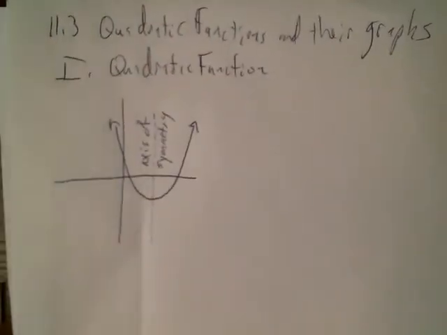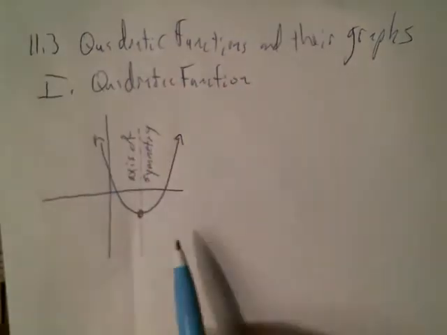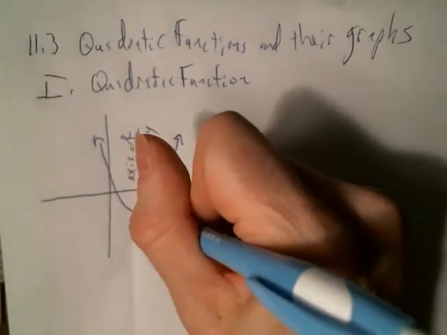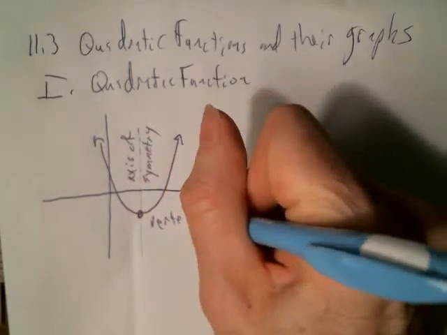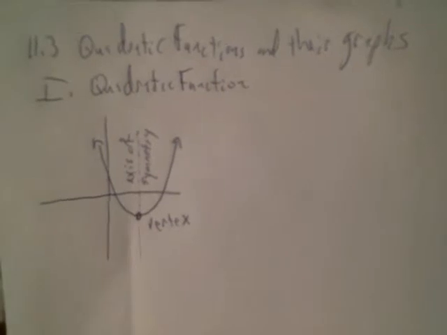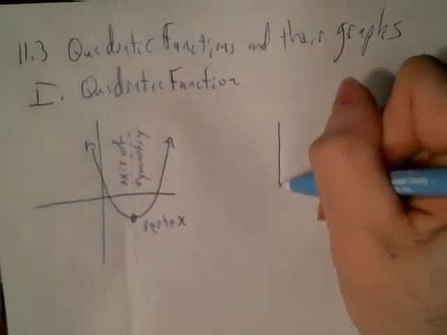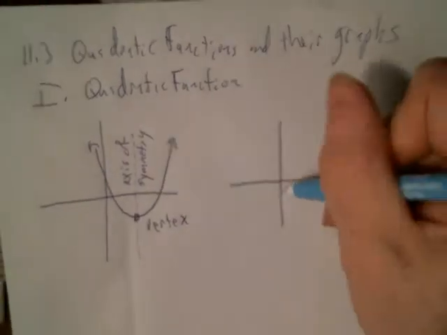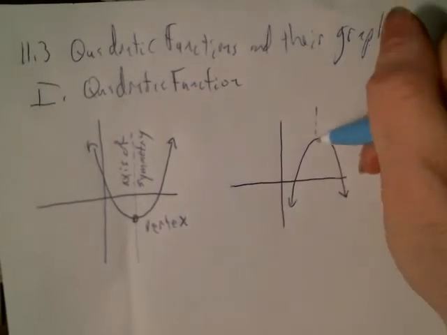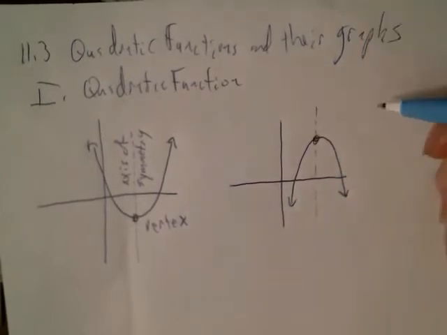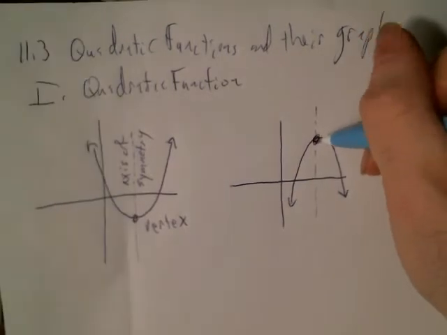Okay. The axis of symmetry goes through this point on the graph called the vertex. And in this orientation, it's the lowest point on the graph. Okay, so this is the vertex. That's one version. The other version is when it's upside down. So it'll look like this. Here's its axis of symmetry, and again, it's going through the vertex of the graph.